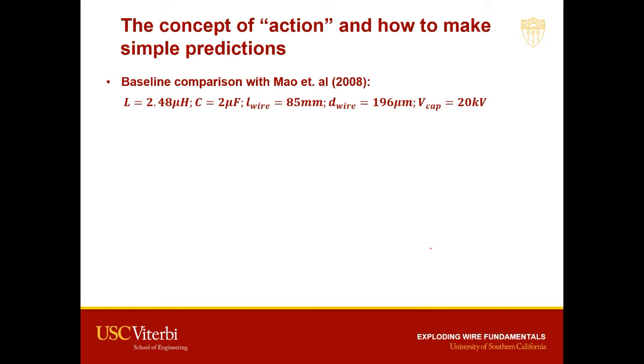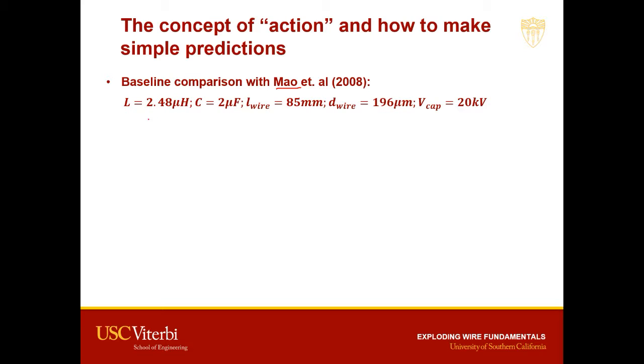In order to make a small piece of software that would predict what would happen with the wire, I looked up an article from this author, Mao, who performed his own comparisons of his experiment against the predictions from Tucker's data.